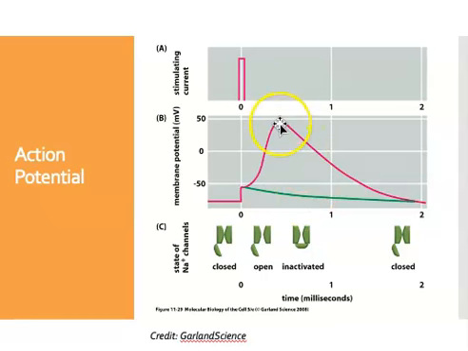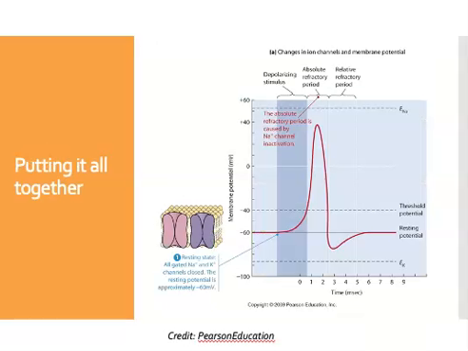So you have from the peak the absolute refractory period and then the relative refractory period. This graph shows that a little more clearly.